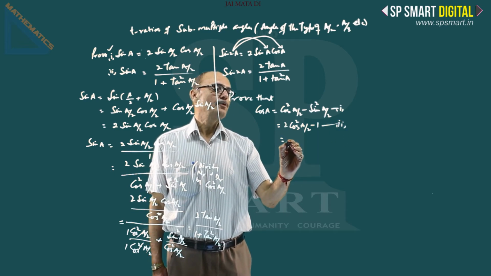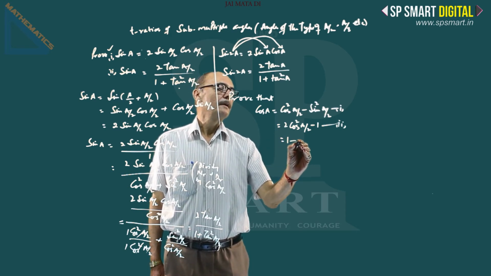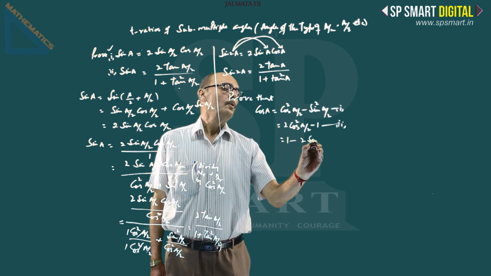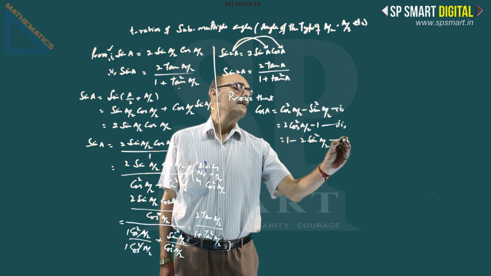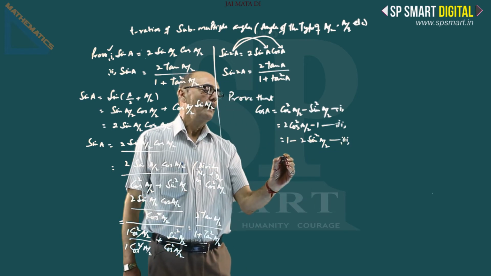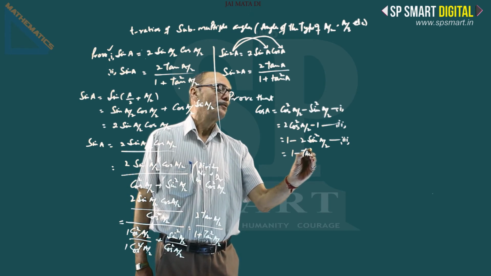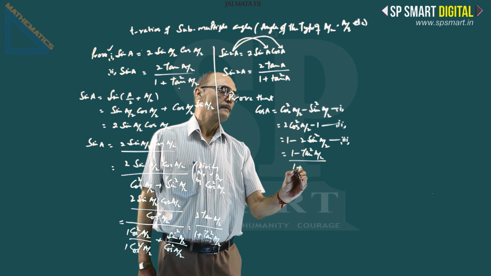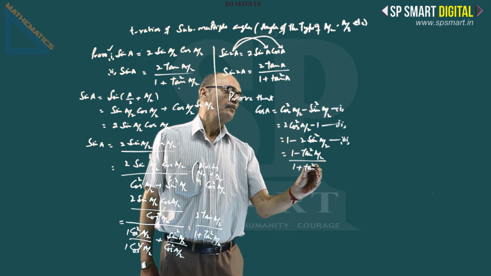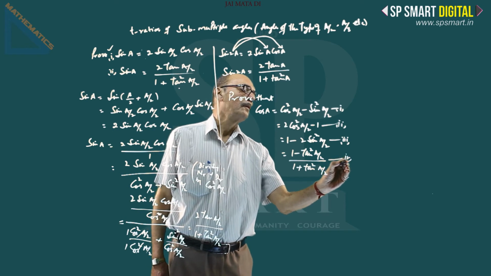In terms of sin square A by 2, we have 1 minus 2 sin square A by 2, this is third. And finally, we have 1 minus tan square A by 2 upon 1 plus tan square A by 2. This is number 4.